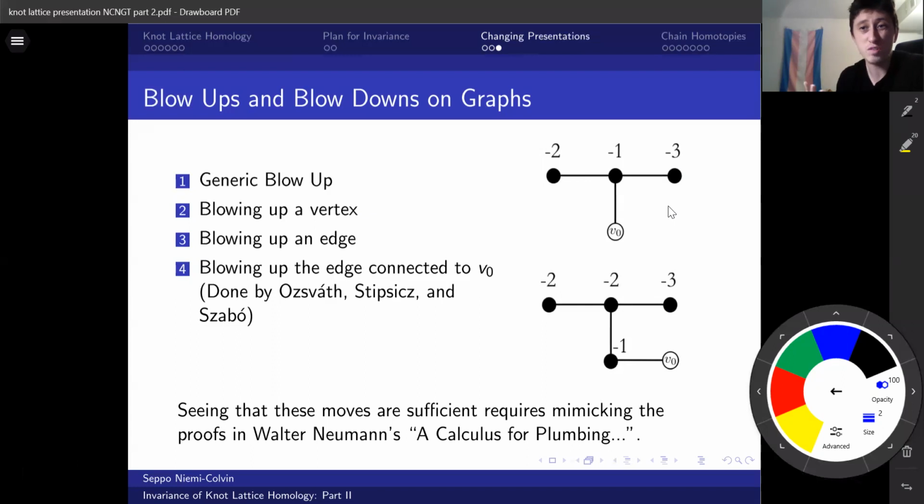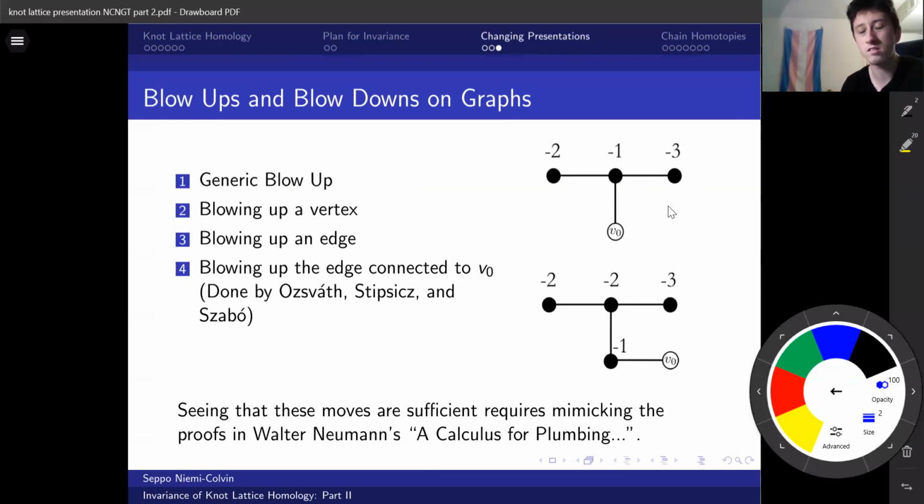Finally, we have all these moves that do preserve the knot type. Seeing that these moves are sufficient to get between any two representations of the same knot requires mimicking proofs found in Walter Neumann's A Calculus for Plumbing. This is the paper that included the statement that the homeomorphism type of the link determined the algebraic singularity type, and it was through these sorts of things.